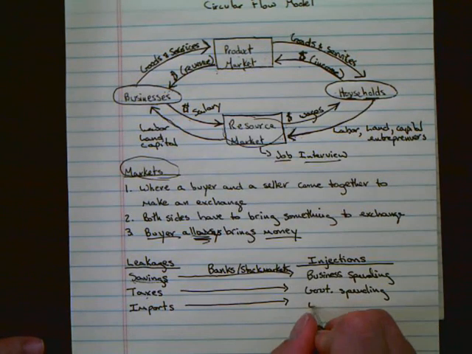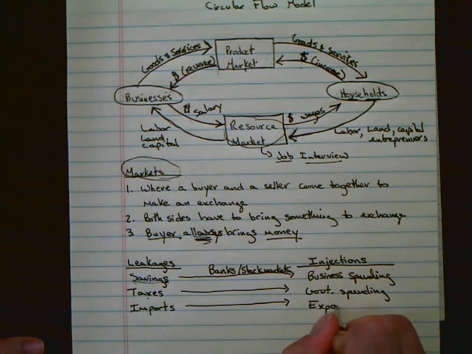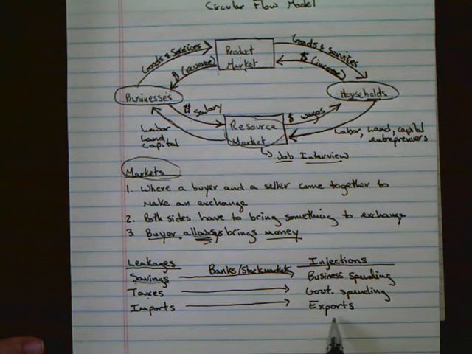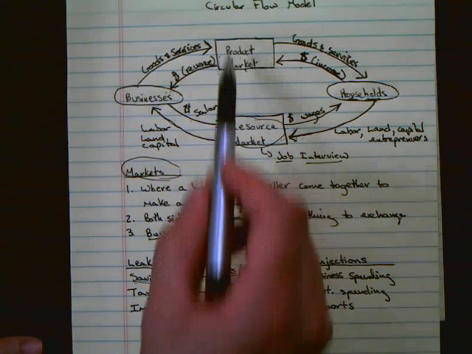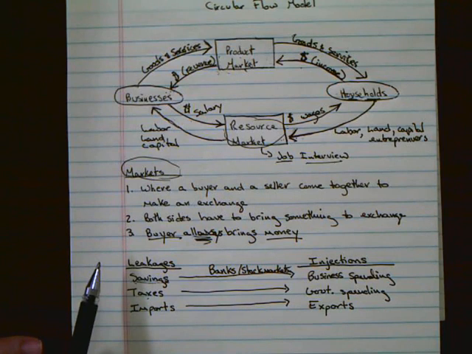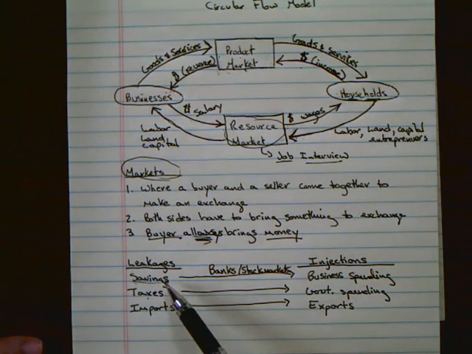Now, how does the money that goes to foreign countries with imports end up back in our circular flow? When we sell our exports. When we sell our exports, that is goods produced in the United States that are sold abroad. When foreigners buy those exports, they're putting that money back into the circular flow. Foreigners also operate in the U.S. product market as well.